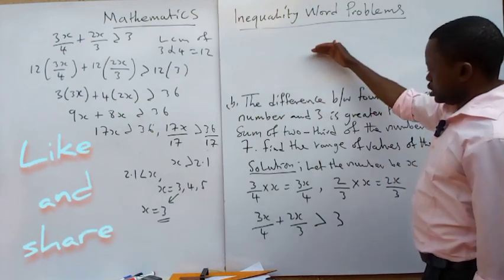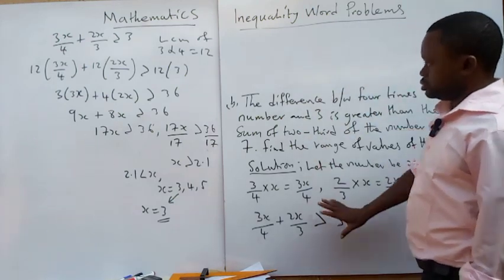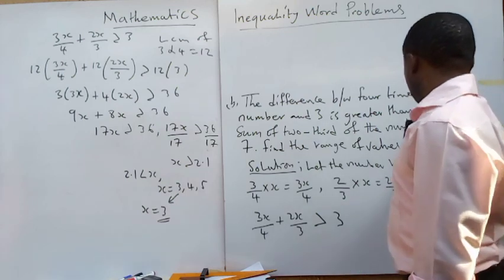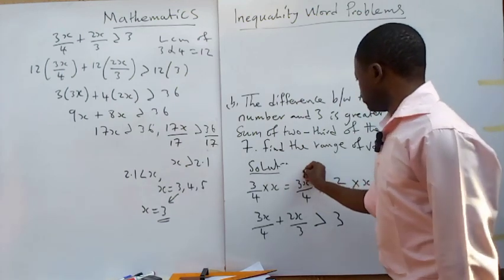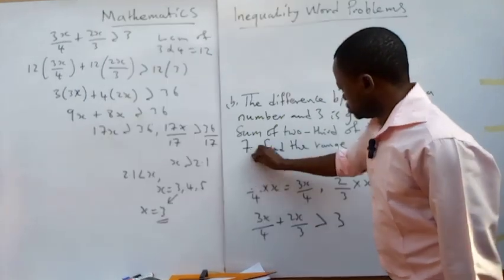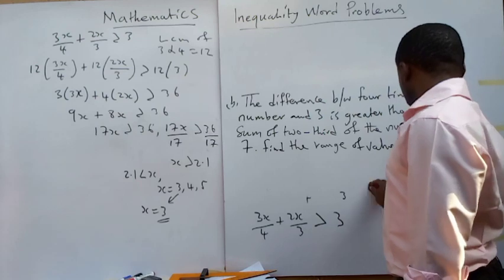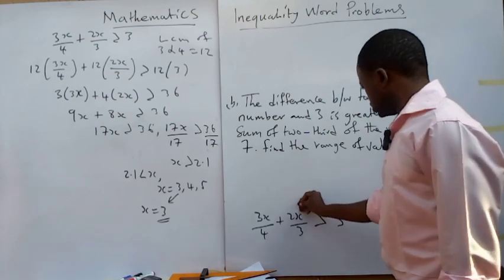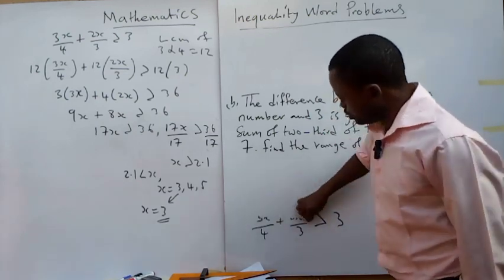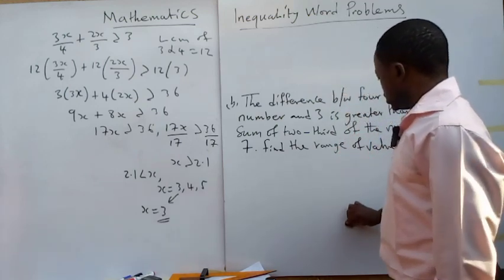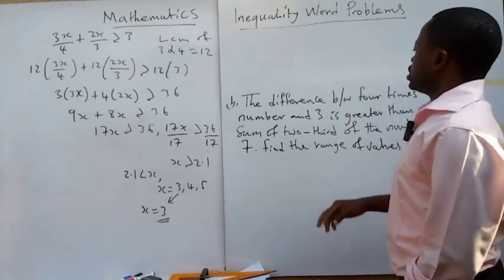Let me write something here, then I can clean this and make use of this space. I think you've taken note of this. You realize that in this second question, it's almost like the first one we have solved. Look at what is going on here.